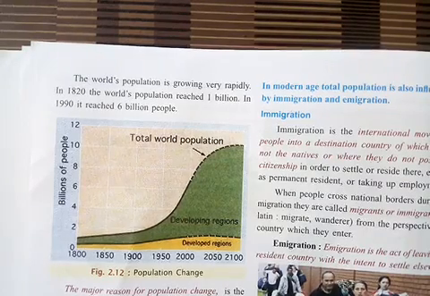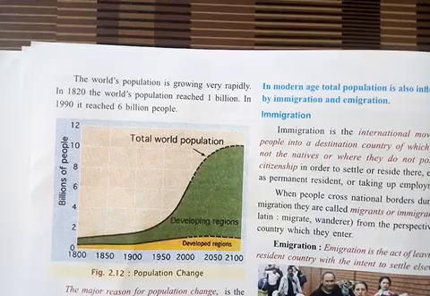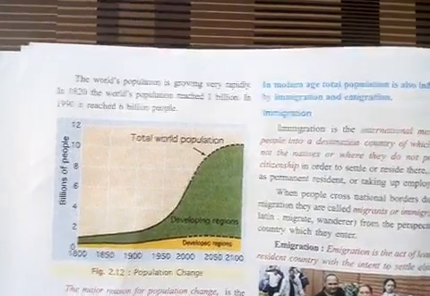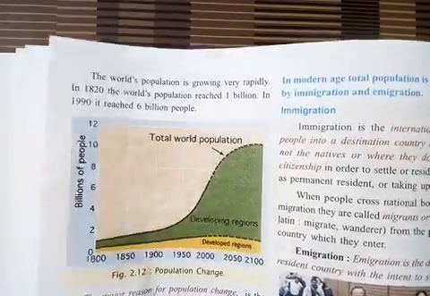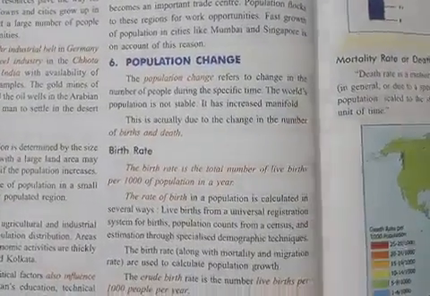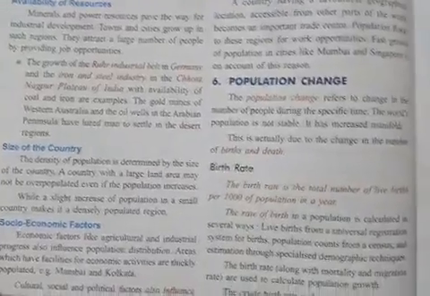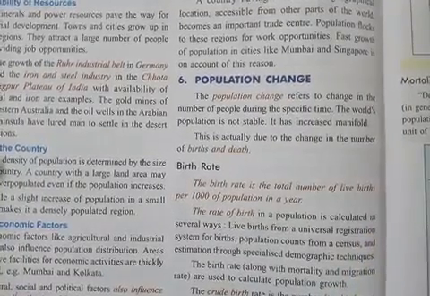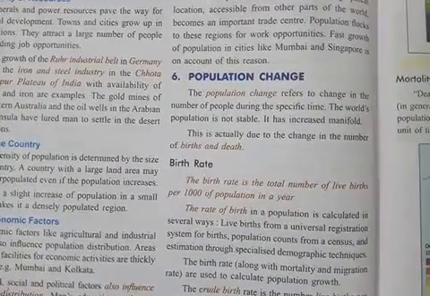But before I explain this diagram, let us do a quick revision of population change. On your screen you can find it given there, population change, and I will explain what it means.